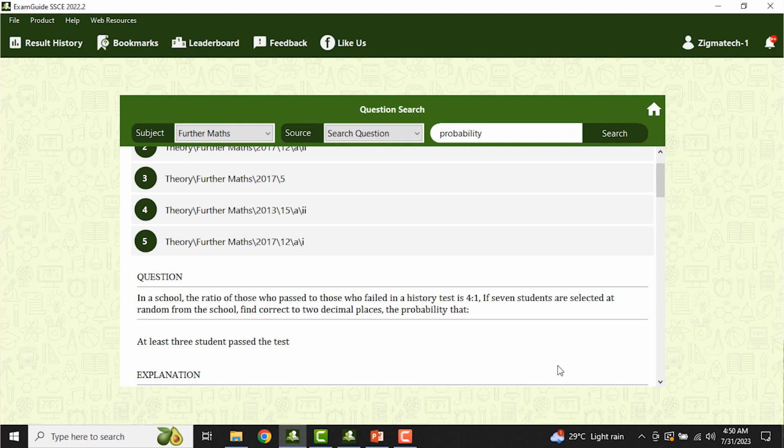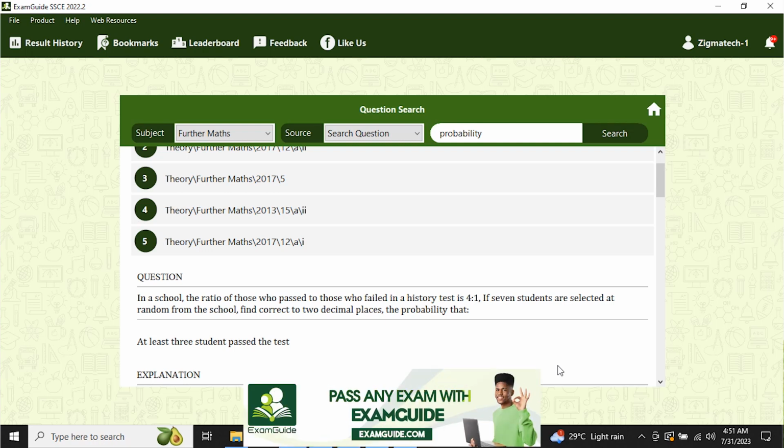If 7 students are selected at random from the school, find, correct to 2 decimal places, the probability that at least 3 students passed the test. It is a similar question. I just want to interpret the one of ratio, then I will allow you to tackle the rest yourself. And after that, I will expect you to go for more questions while subscribing to our channel. Okay, so this is it.